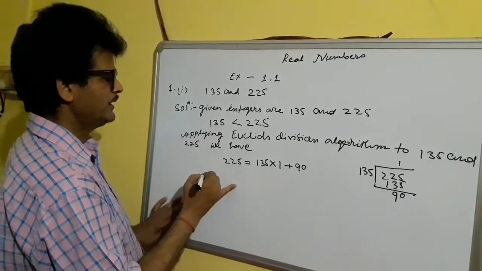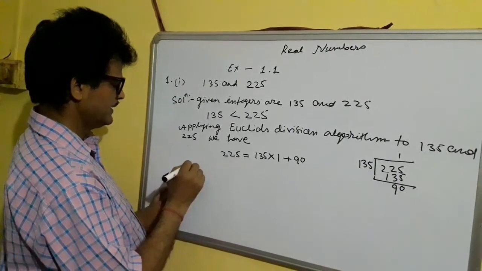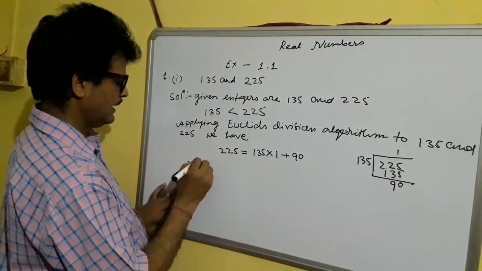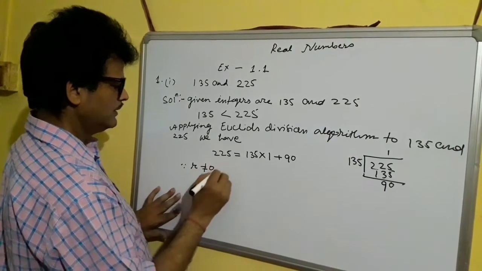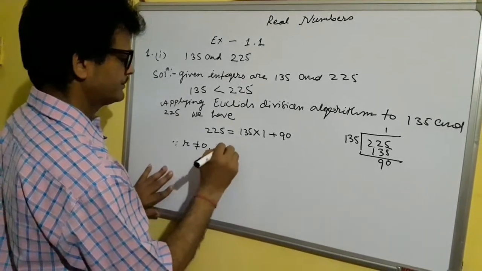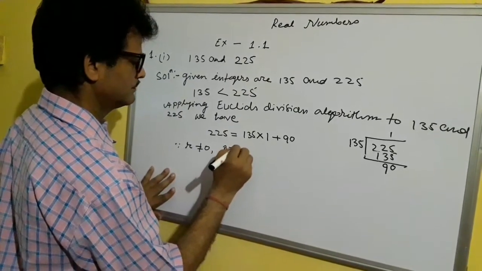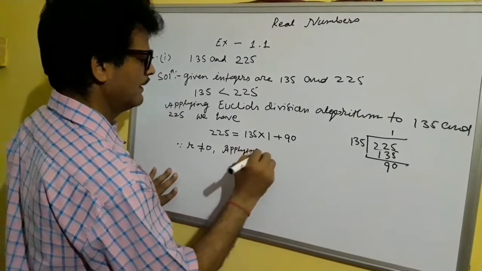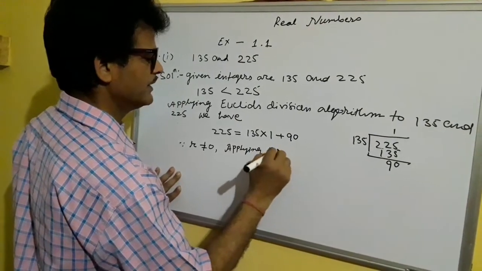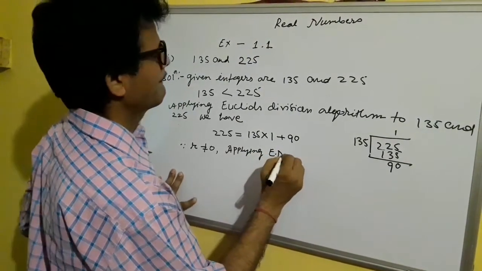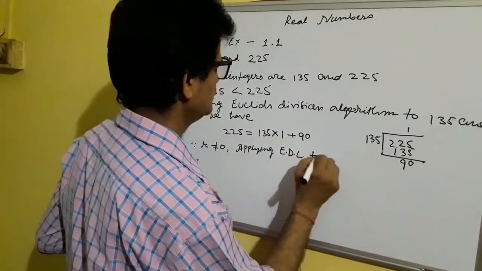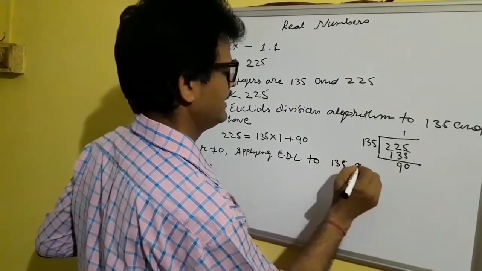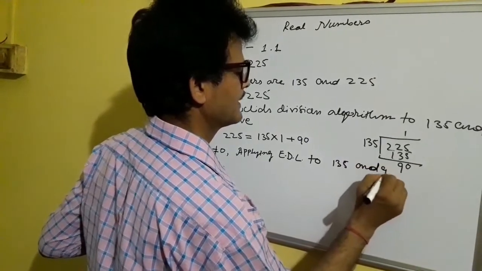Then you see the remainder is not equal to 0, since r means remainder not equal to 0, applying Euclid's division lemma to 135 and 90.